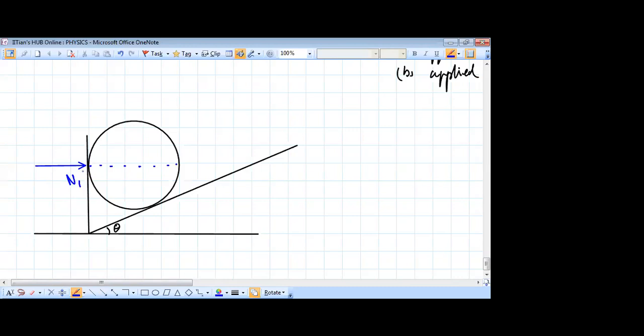That will act along the horizontal direction because this wall is vertical, whereas the normal reaction that the inclined plane will apply will be in this sort of direction, perpendicular to the inclined plane.